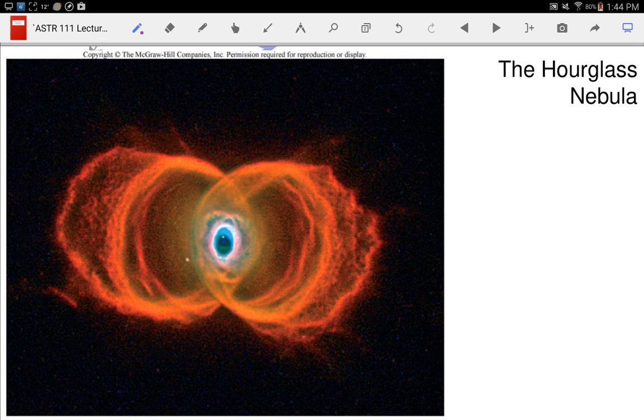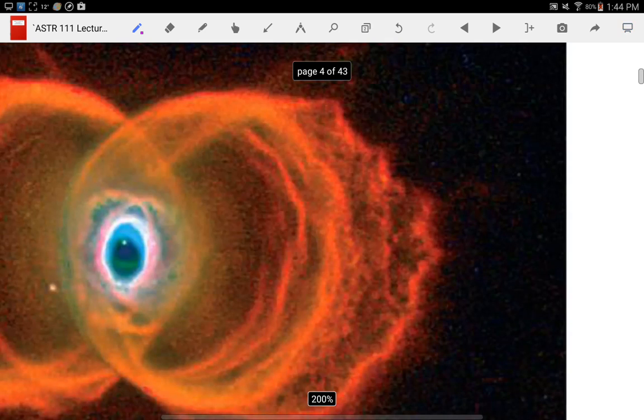This is called the Hourglass Nebula because it kind of looks like an hourglass, but this here is all part of the planetary nebula. Everything you see in here that's giving off light is either the original star, we can find the core of the original star, that there inside of my box is the white dwarf.